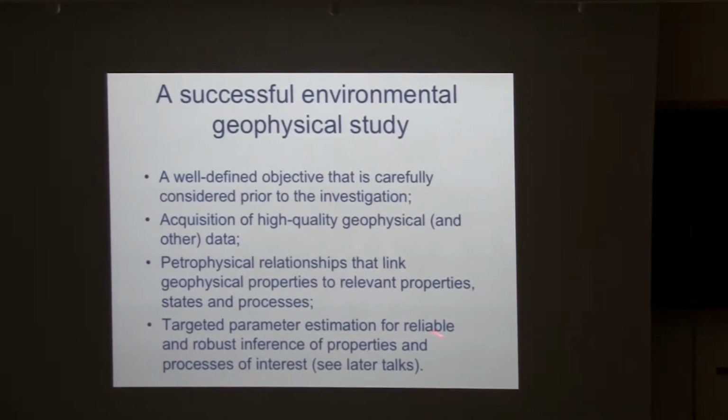And then, of course, you need to do inversion. I'm going to talk about the probabilistic approach later on today. Fred Guyon will talk about the deterministic approach. So basically, you need to do a targeted parameter estimation to get something that is robust in terms of the properties, ideally directly targeting the properties of interest and not the physical properties.